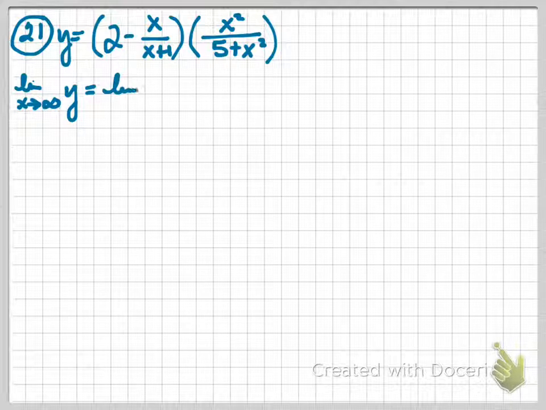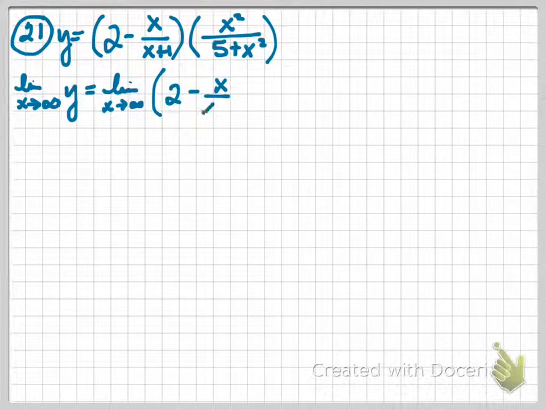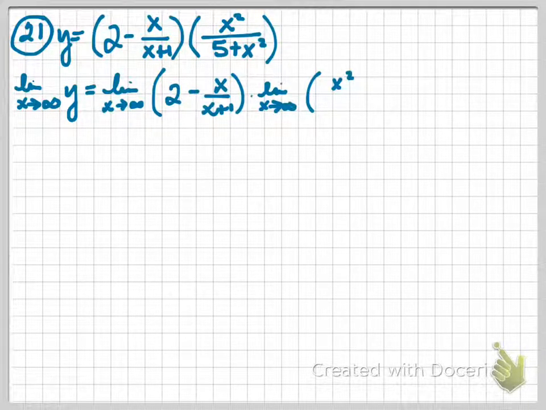So this is equal to the limit as x approaches infinity of 2 minus x over x plus 1, times the limit as x approaches infinity of x squared over 5 plus x squared.